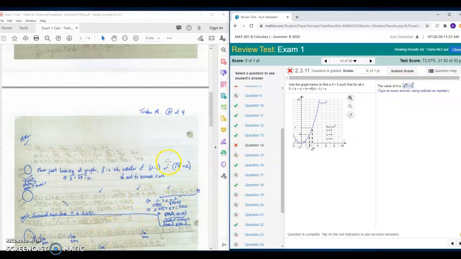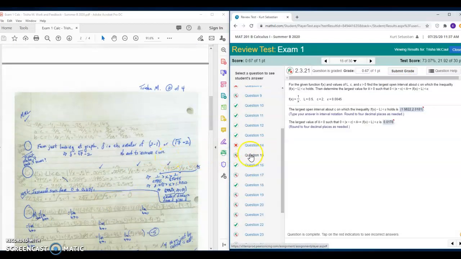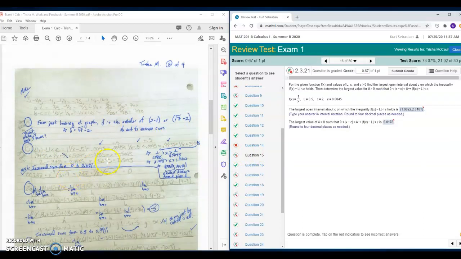I couldn't do anything there to help you score-wise, but let's see, 15. Okay, so 15 again, I felt like you had the right idea. This becomes a little complicated down here once you get the 1 over x. You had this correct. Keep it to 4 decimals, because everything has to be 4 decimals at the end. So then you just flip everything.